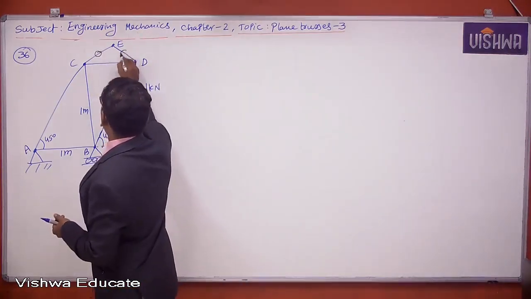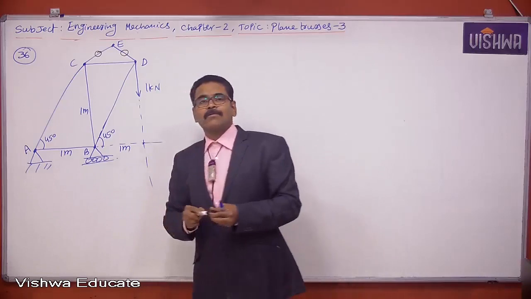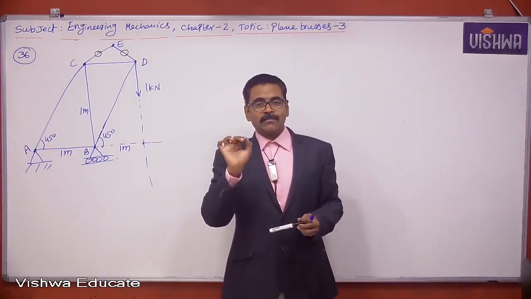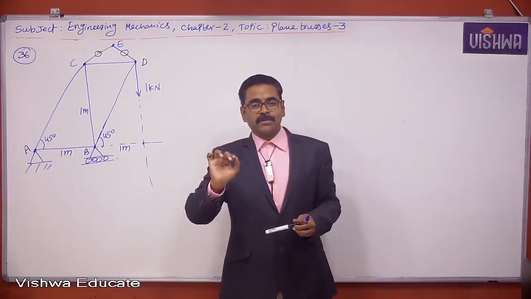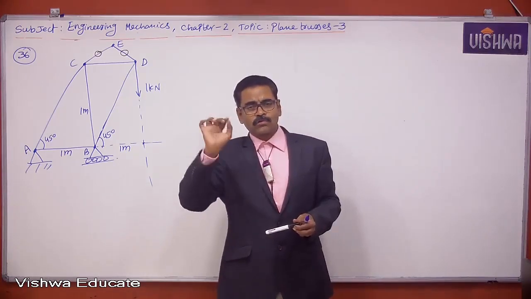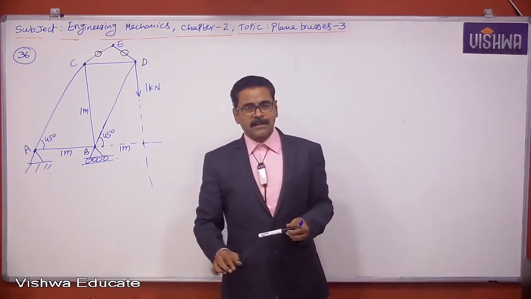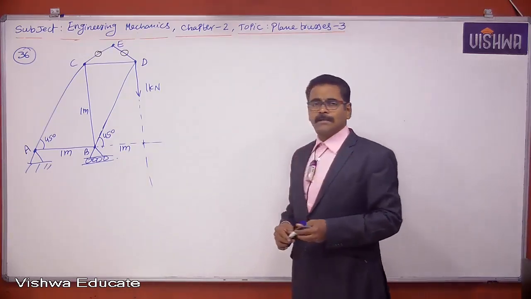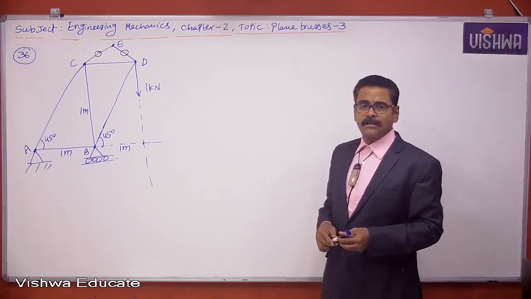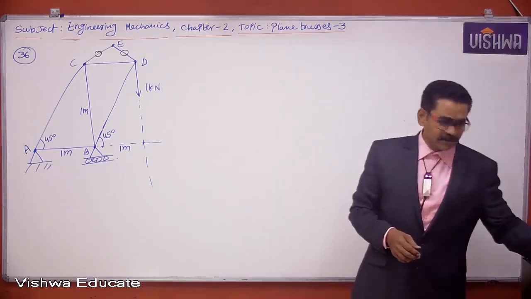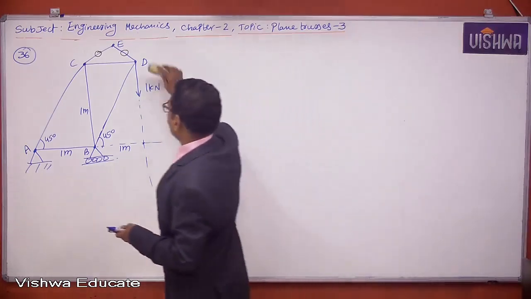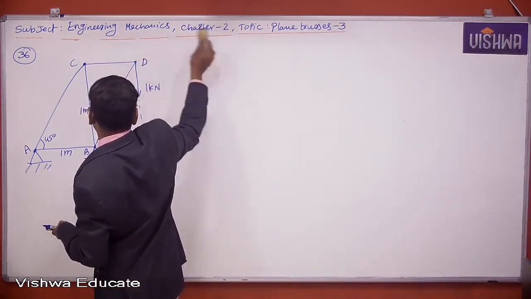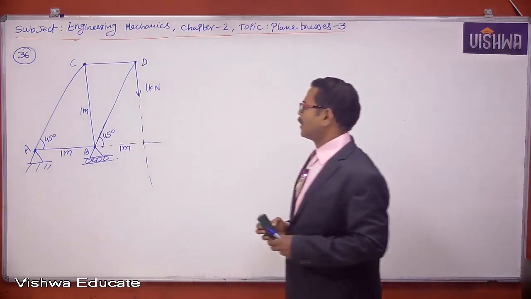If two members are collinear, they need not carry zero load. But when two non-collinear members are joined by a pin joint without external load, those two members will definitely carry zero force. So members AC and AD will carry zero force. Since they carry zero force, I need not worry about these two members, so I simply remove them.